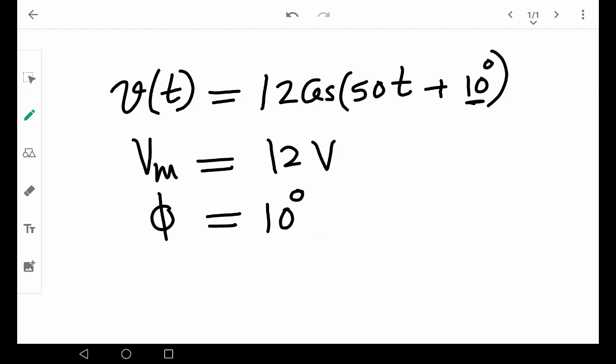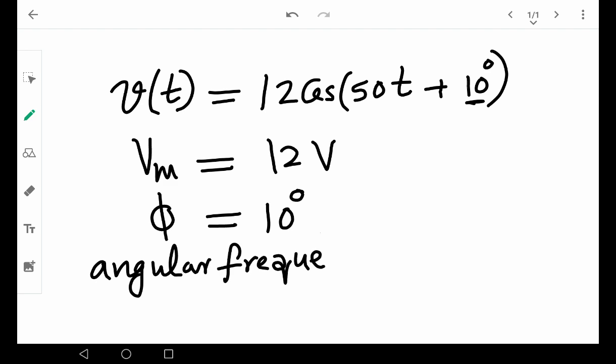Now, how do you find out the frequency f or the angular frequency? I think we will think about the angular frequency first. Angular frequency is omega. Omega will be equal to this 50 radians per second.